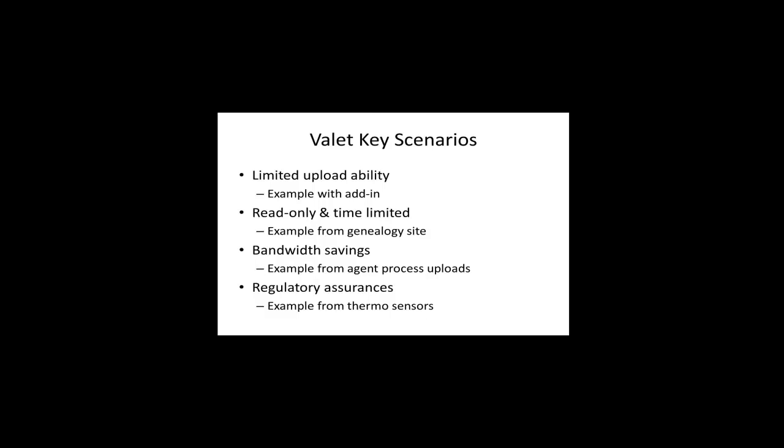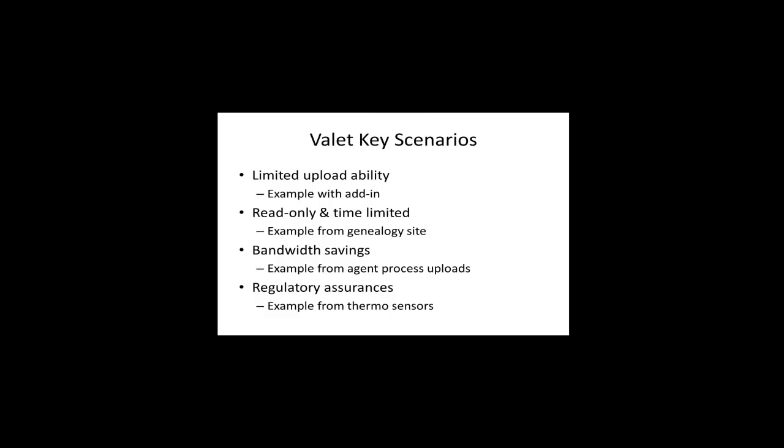So in this case, they would have had to have much larger web roles to handle the load. But as it is, these are similar to the add-in case. They could be very tiny web roles that are just handing out valet keys, basically generating URLs and handing them out, and then it's up to the client to upload directly to blob storage.